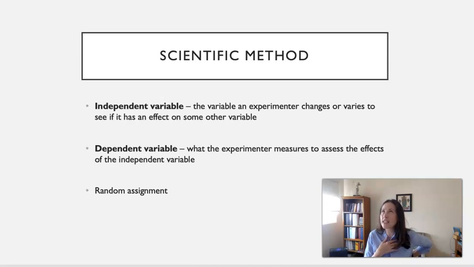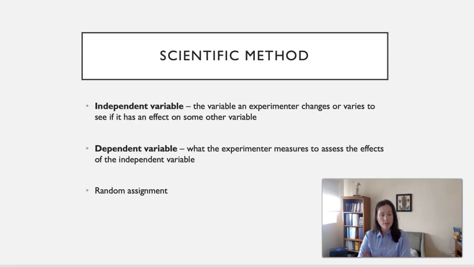For example, one experiment that you learned about this semester, let me think of one. So for example, from chapter 8, does self-esteem have an effect on who you're attracted to?